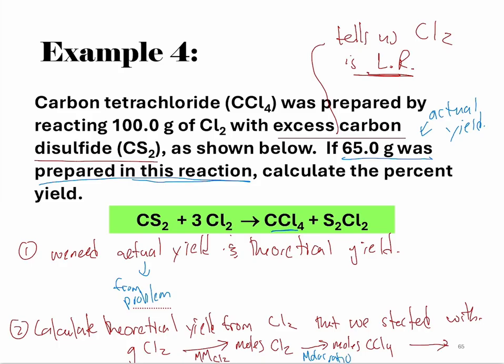What do we end with? Grams of CCl4, right? And what do we use to do that? The molar mass. Whenever we're going between mass and moles, we always use the molar mass. And the molar mass of what compound here? CCl4, carbon tetrachloride.